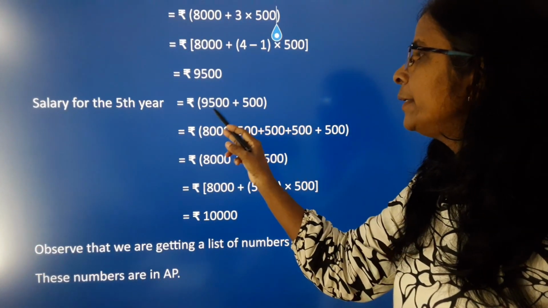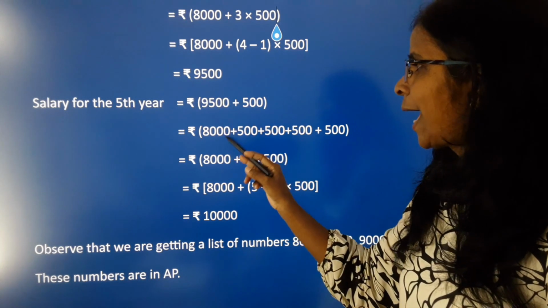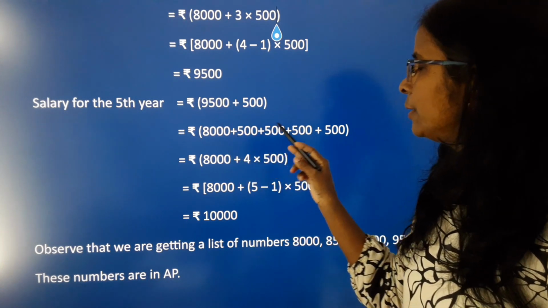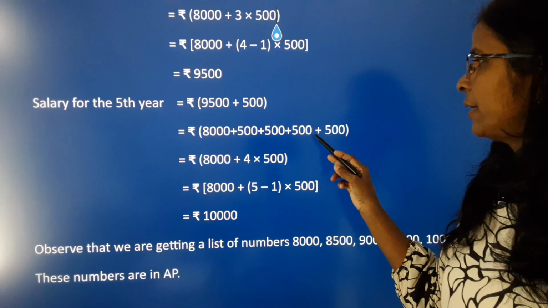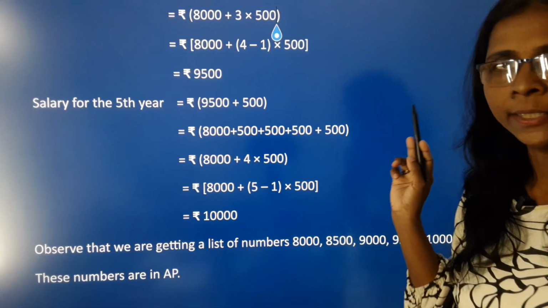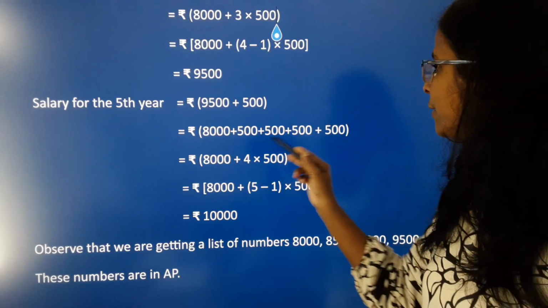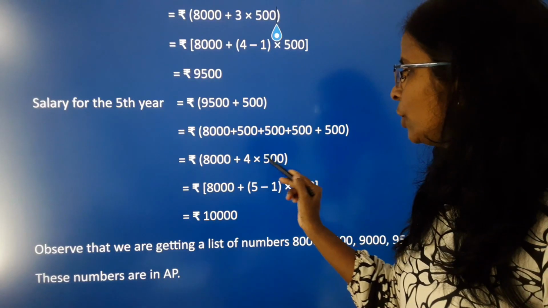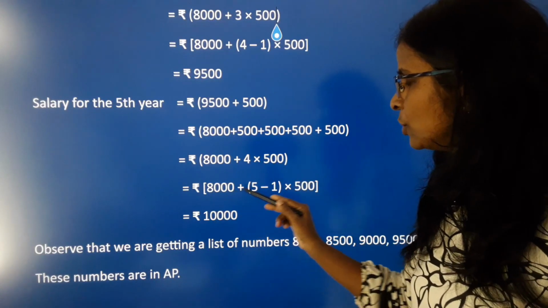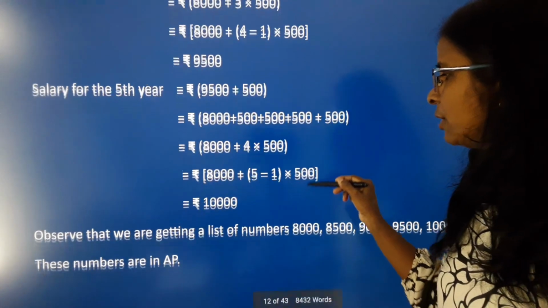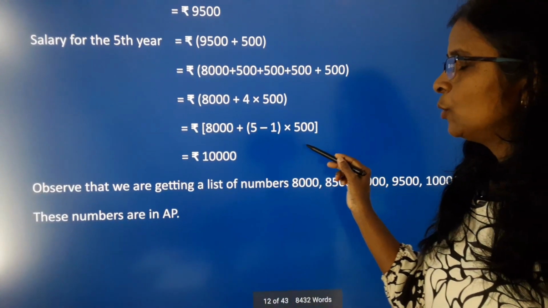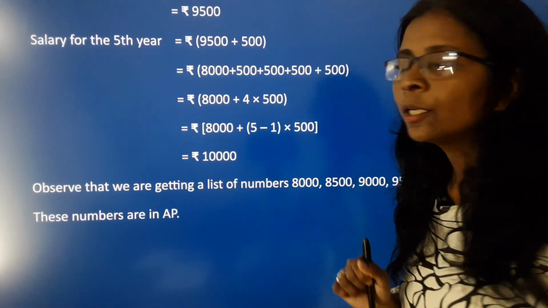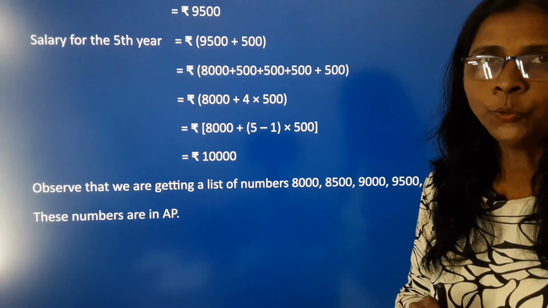So we distribute this as 8,000 plus 500 plus 500 plus 500 plus 500. Now 500 comes 4 times, so 4 into 500. So 8,000 plus 5 minus 1 multiplied by 500, therefore that is equal to 10,000 rupees.